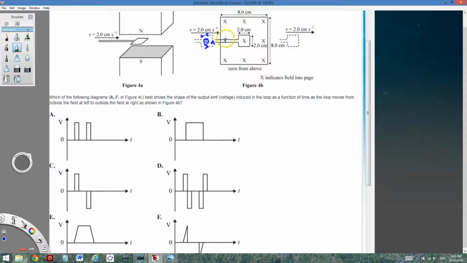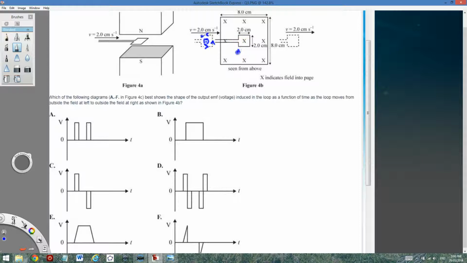Now, once the loop went into the magnetic field and travels inwards, there's no change of magnetic flux anymore because the magnetic flux in this area is constant. Thus, Faraday tells us there's going to be no induced current, no induced EMF.